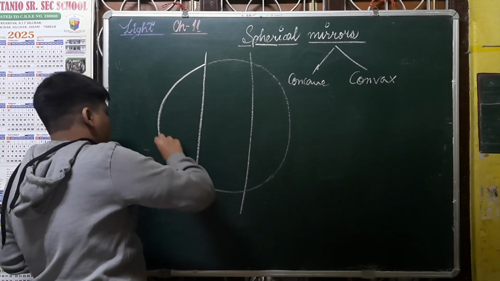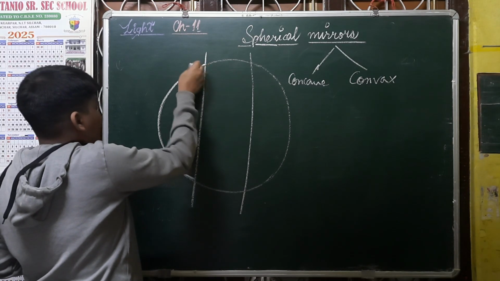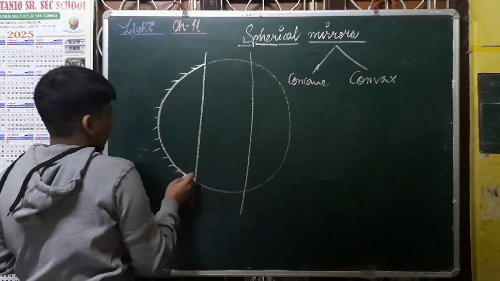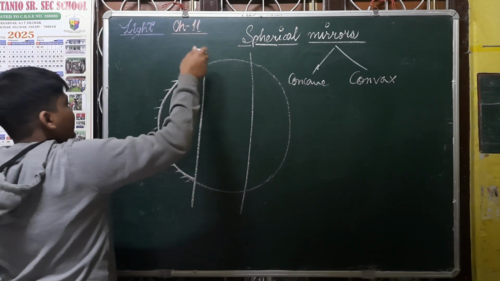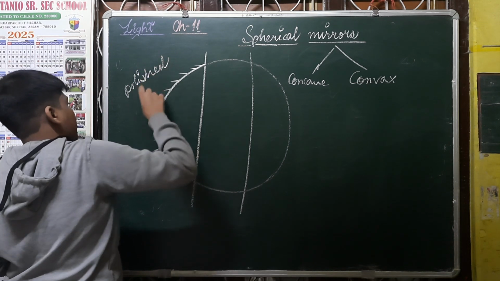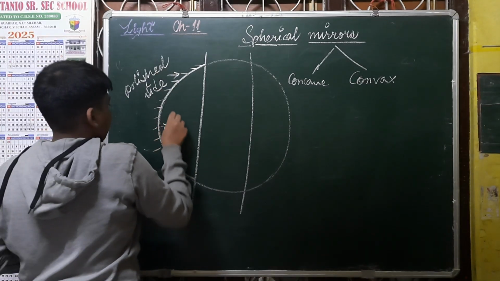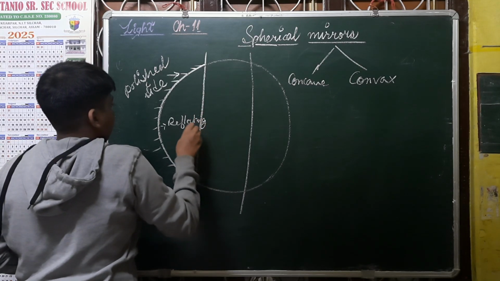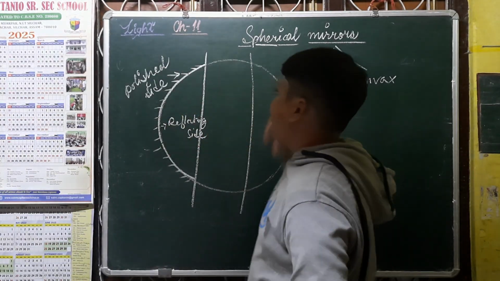In a mirror where the reflecting side is inwards, the reflecting side is inward and the polished side is outward, is known as the concave mirror.